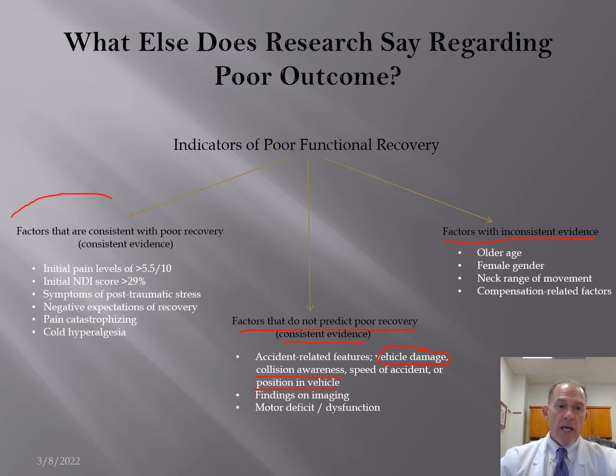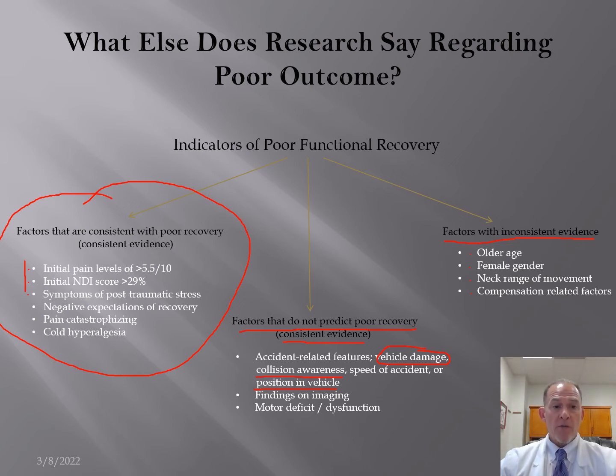If we're looking at consistent evidence for poor recovery with regards to physical presentation of the patient, we're looking at the severe whiplash patient or the moderate to severe whiplash patient. These factors here are all associated with the severe and moderate to severe whiplash patient. This group would have post-traumatic stress, very high pain levels, and very high stated functional deficits following their whiplash injury.